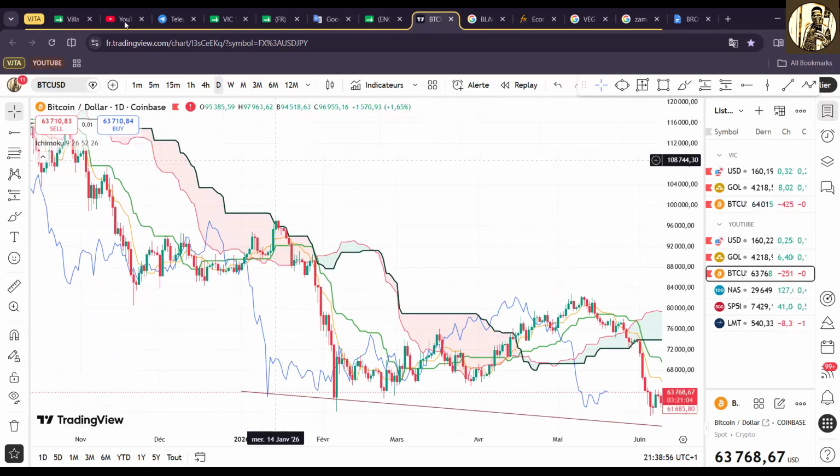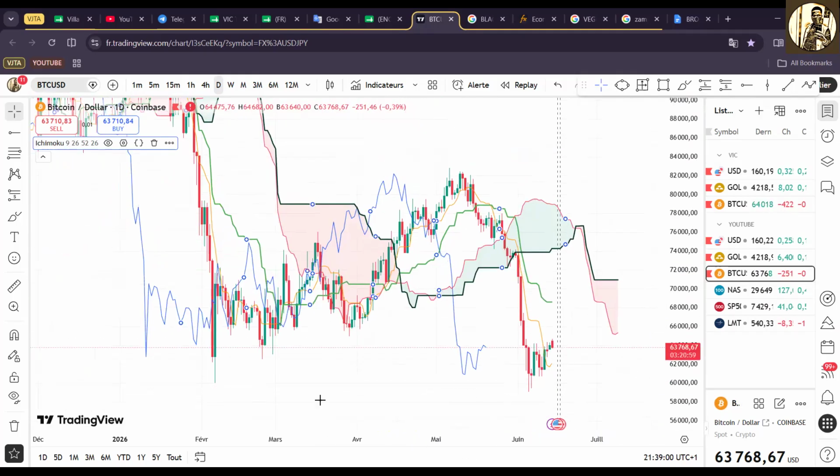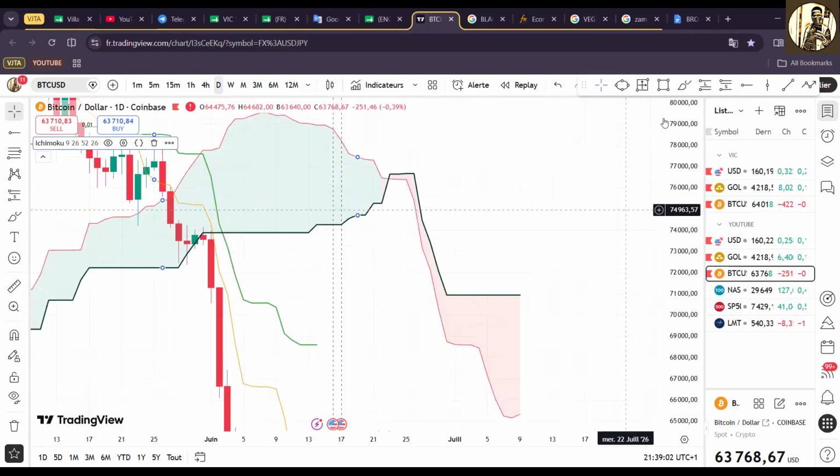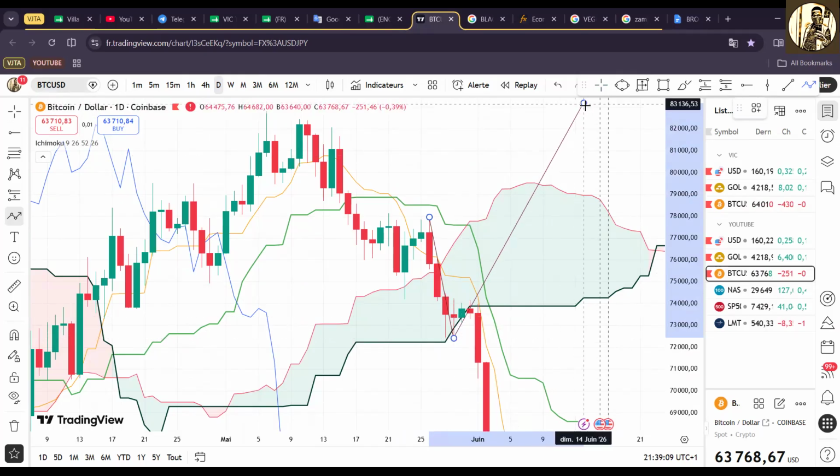Let us say, for example, I predicted weeks ago that the price must go down like this on SSB on daily, then go toward the upside. That's what I predicted.